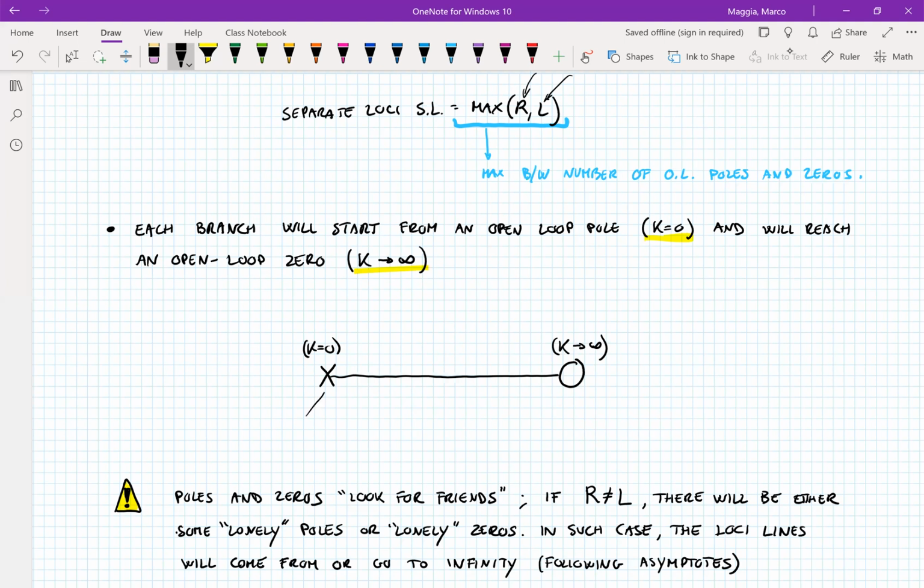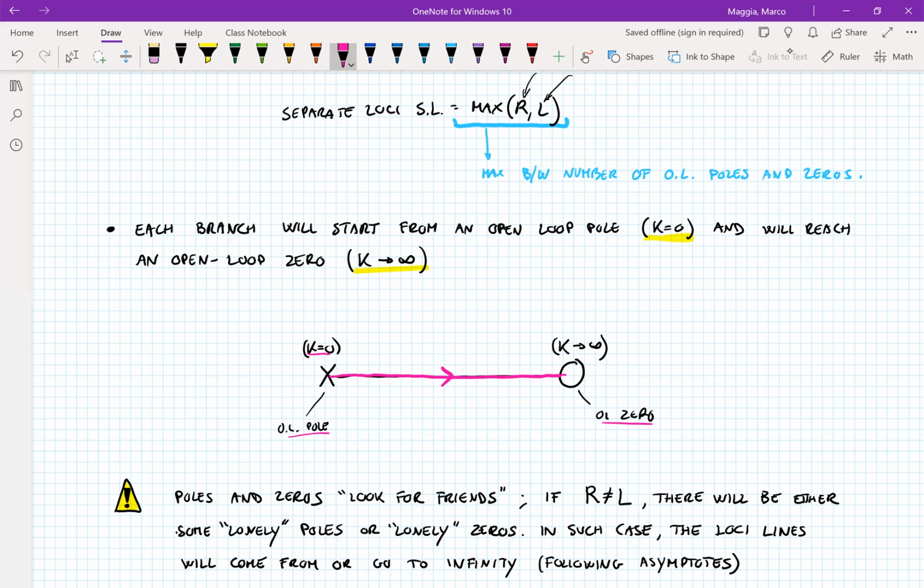So as usual, we use the x for the poles and the O for the zeros. And it's good practice to indicate the direction of growth for k. So as k increases, we start at k equals 0, and this branch will connect an open loop pole with an open loop zero where k tends to infinity.